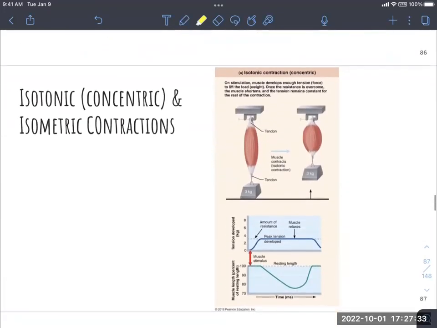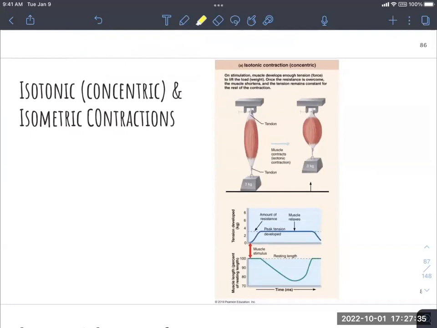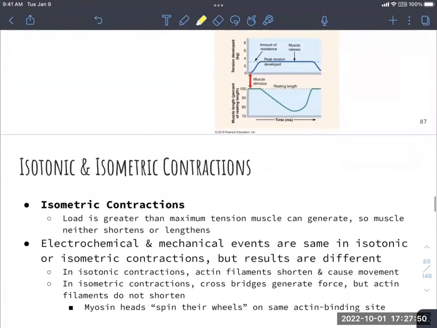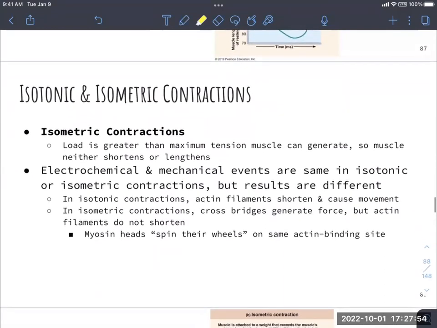So here's those isotonic contractions. We have our concentric in this picture. We've got a 3-kilogram weight. In that concentric, we're going to pick up that 3-kilogram weight. But our isometric contraction, that load is greater than what you can pick up.